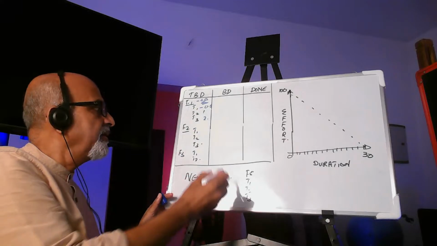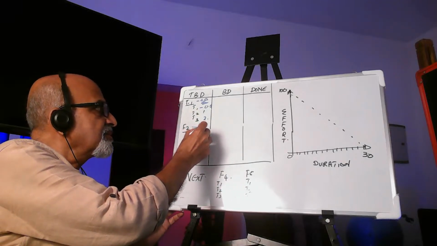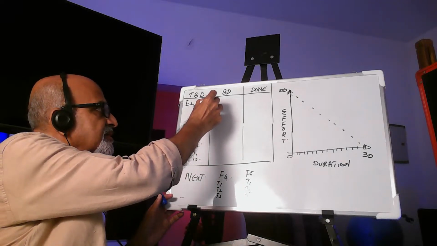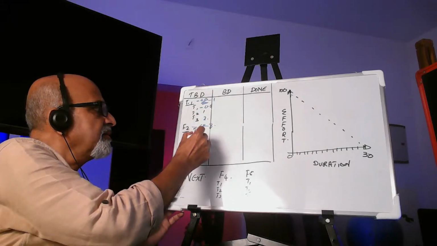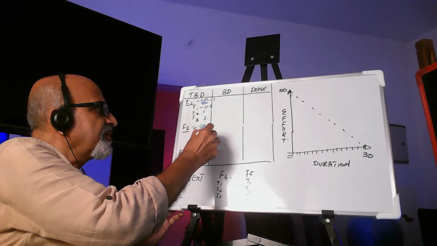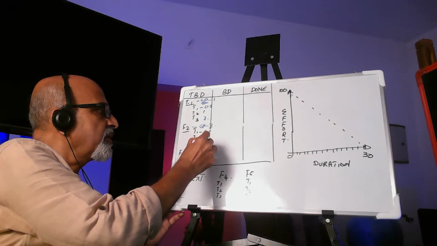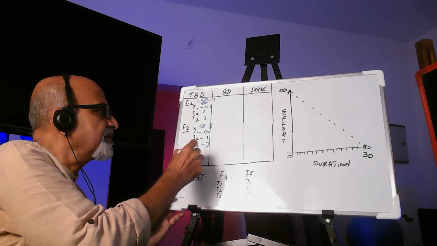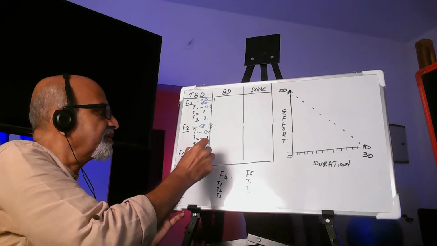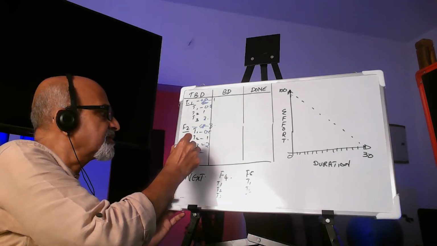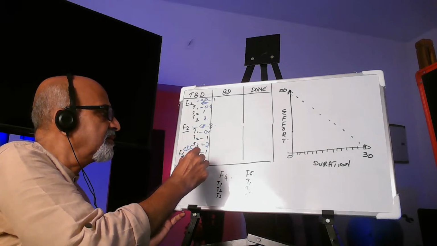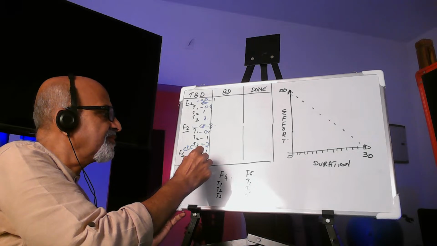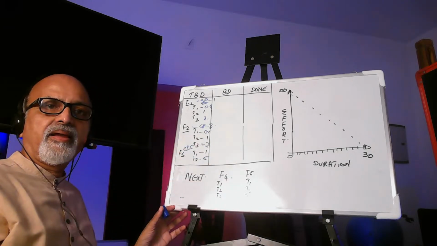Let us say feature one has a story point of 1, feature two has a story point of 3. Then task 1 is 5 days, task 2 is 1 day, task 3 is 2 days. Feature three story point is, let's say, 5. Task 1 is 1 day effort, task 2 maybe 5 days effort.